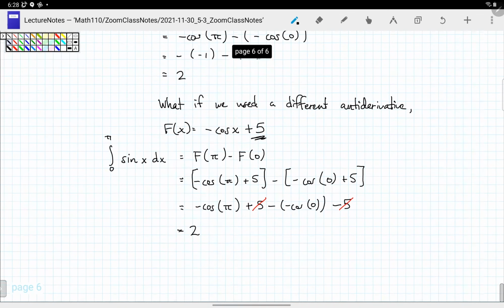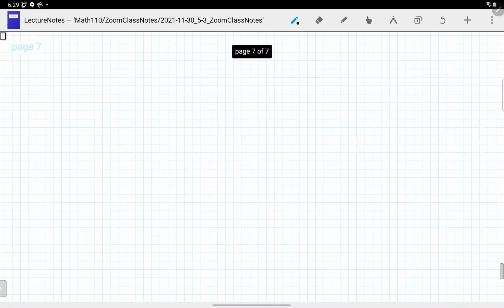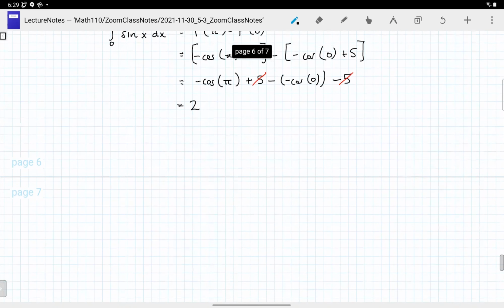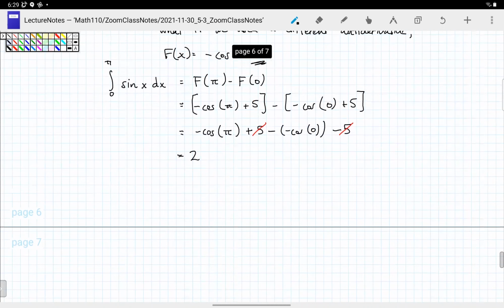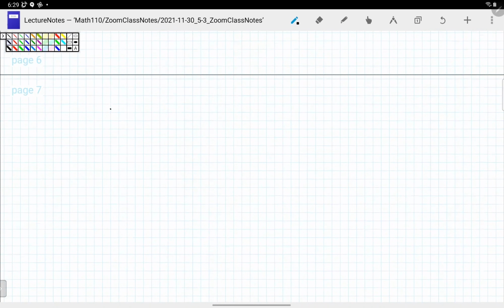So the way that we typically do this calculation, instead of saying let capital F of x equal this antiderivative, the notation we use is to name the antiderivative that we're going to use, negative cosine of x. And generally we just name an antiderivative without a constant attached. And you put this square bracket from 0 to pi.